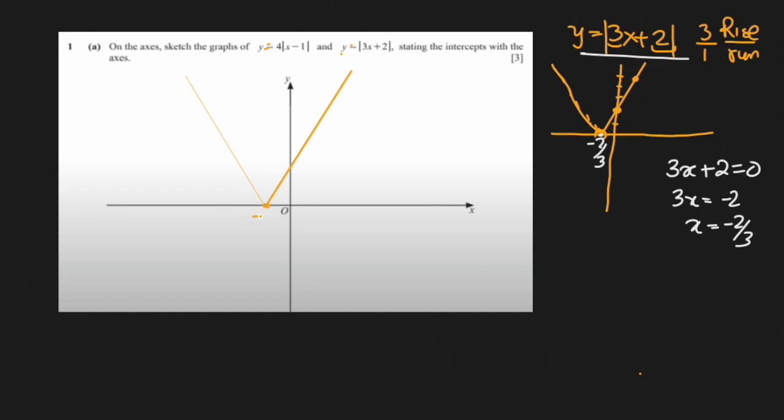This was minus 2 over 3 and this is 2, and I will leave the other one for you to do. I'm drawing it, but I'll pause the video. You will see the graph of this one, and I would like you to do it.